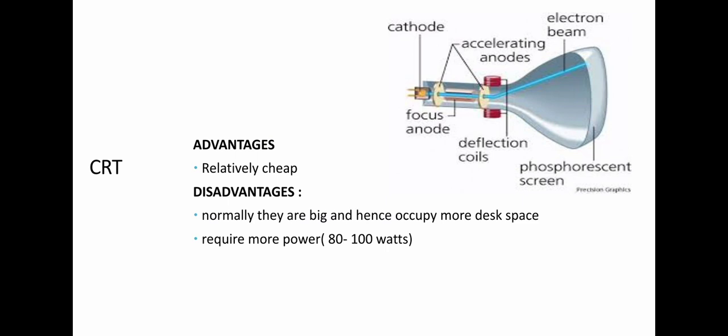The horizontal and vertical movements of the electron are independent of each other, and hence the electron can be positioned anywhere on the screen. The working parts of a CRT are enclosed in a vacuum glass envelope so that the emitted electrons can easily move freely from one end of the tube to the other.